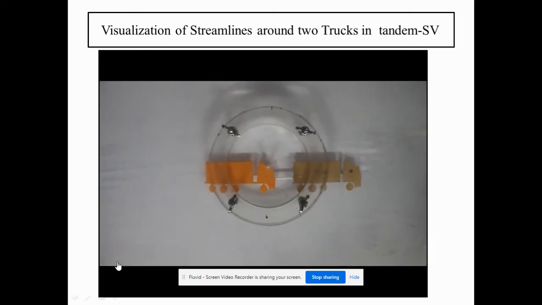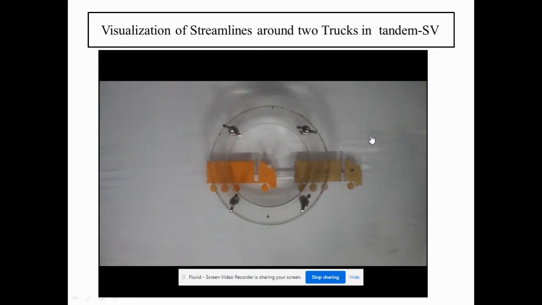So we will visualize the streamlines around two trucks in tandem, one followed by the other. In this particular case, the flow is coming from the left-hand side, from this side to this side. This is the side view of a truck.